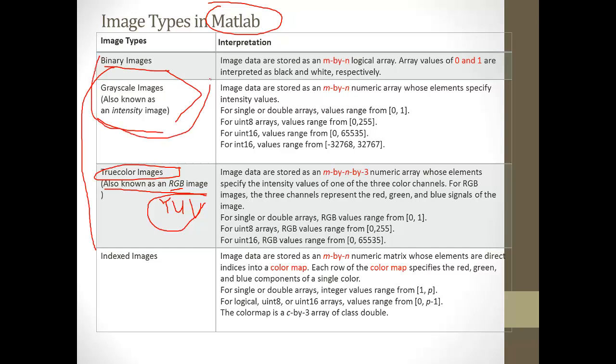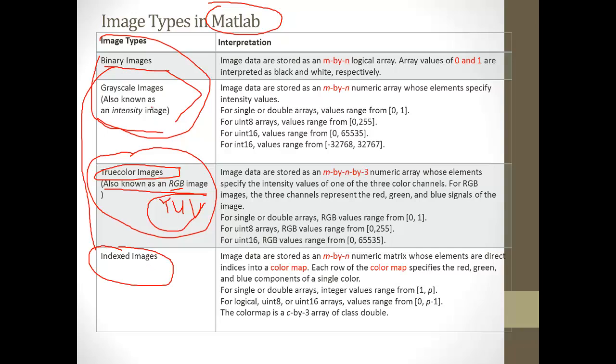Both of this type and this type we already taught, but there is a special another type called indexed image in MATLAB. In fact, indexed image here does not mean a specific type of image in your daily life, just based on how the data is stored in this image.